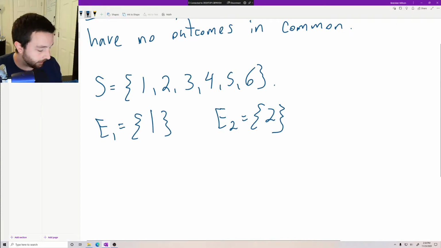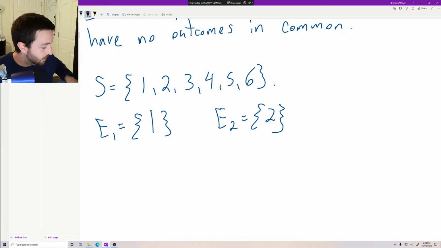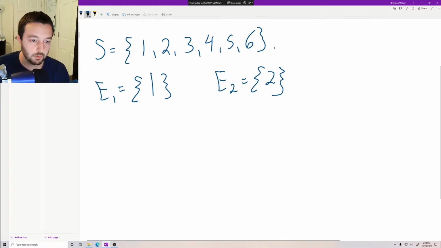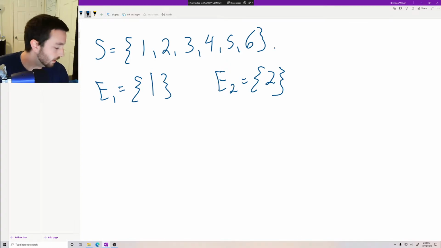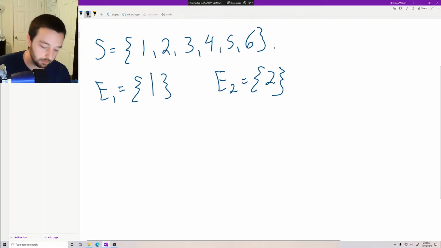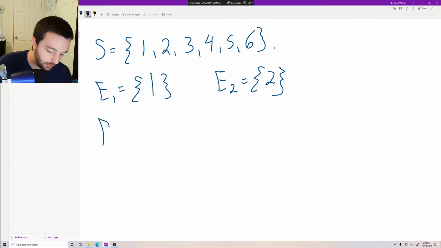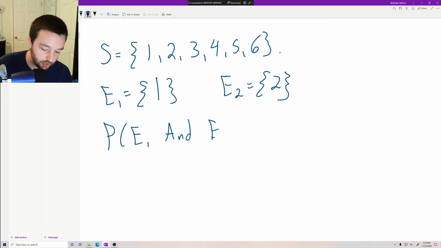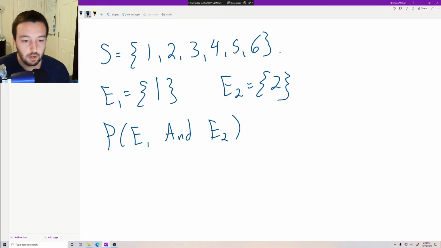So when events are mutually exclusive, it leads to a rule for the OR probabilities. But first of all, before we get to that rule, we don't know the rule for the AND probabilities yet, but let's just try to reason with this.